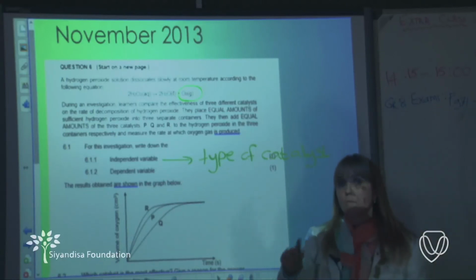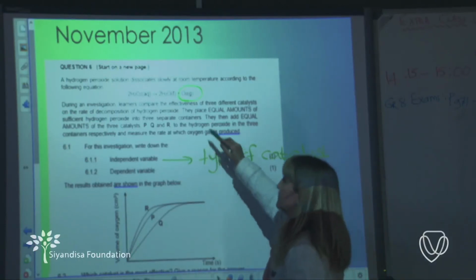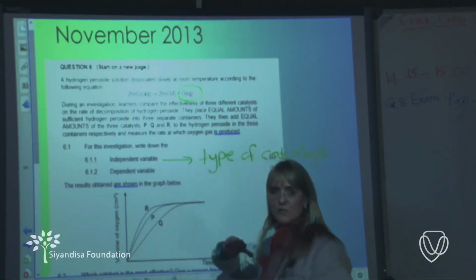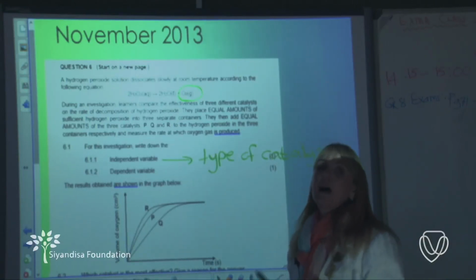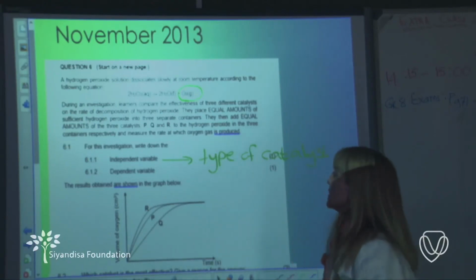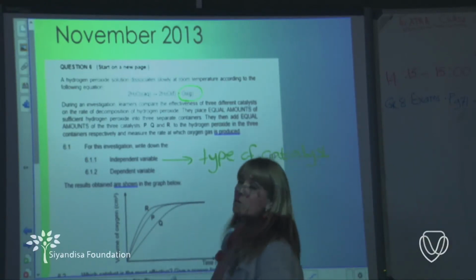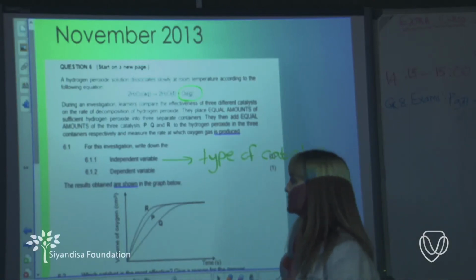What changed because of the type of catalyst that I produced? The amount of oxygen that was produced. By putting different catalysts into different containers, I changed the rate at which oxygen is produced. So my dependent variable would be the rate at which oxygen is produced. Right, or the volume of oxygen produced.